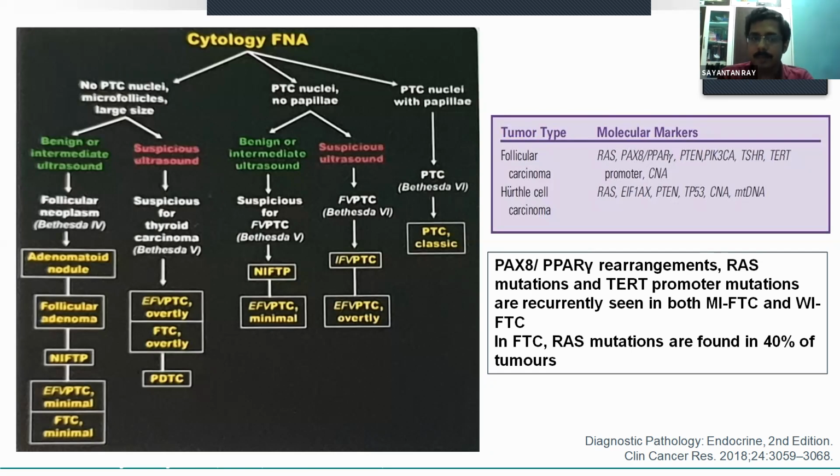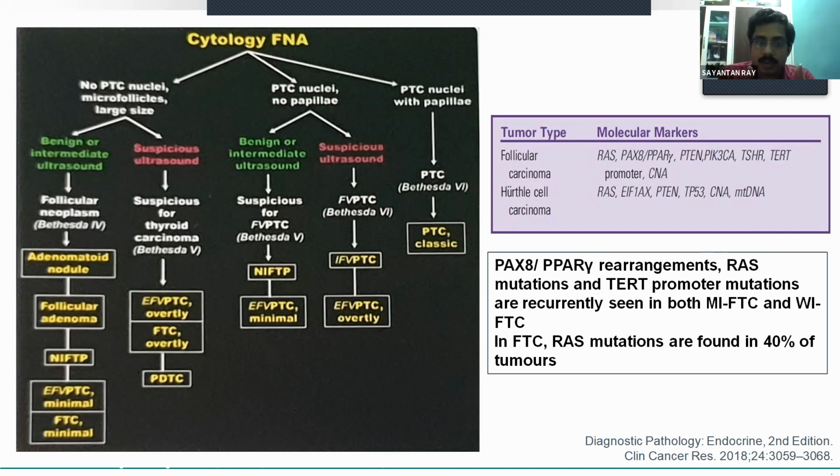Other possibilities could be encapsulated follicular variant of PTC or a non-invasive follicular thyroid neoplasm with nuclear features of papillary thyroid carcinoma, that is NIFTP. Now the third part, that is there is no PTC nuclei, there are micro follicles and a large size on ultrasound. So two options, if looking benign or intermediate, then follicular neoplasm.